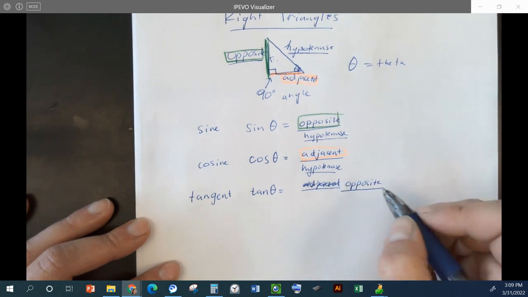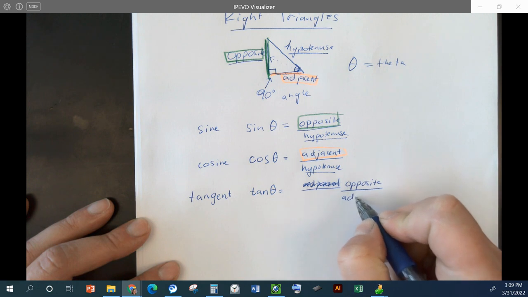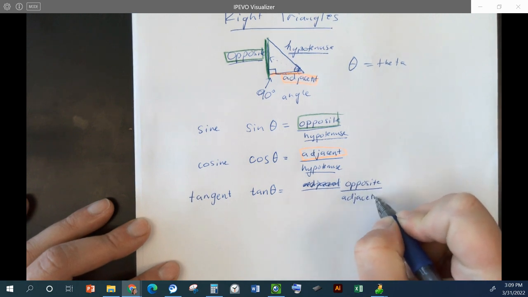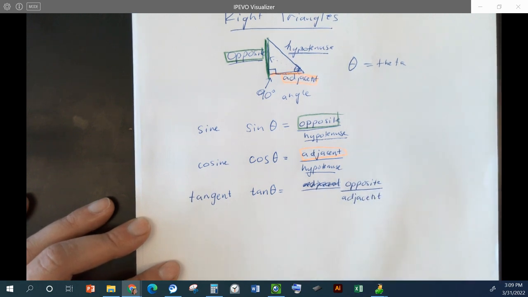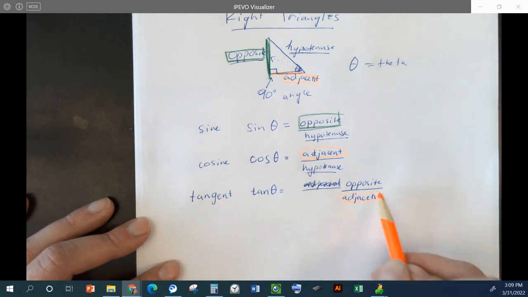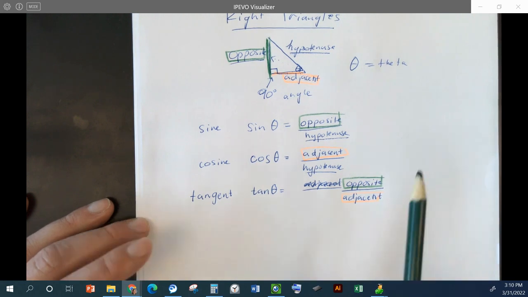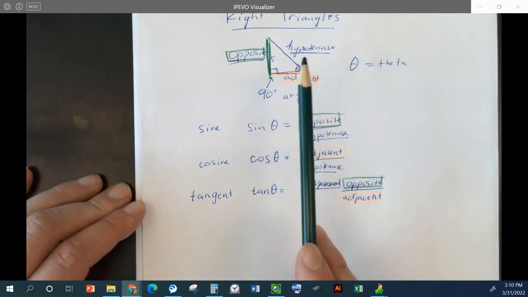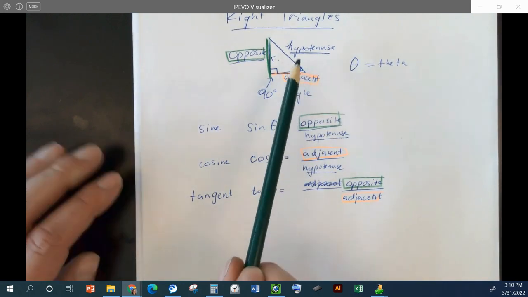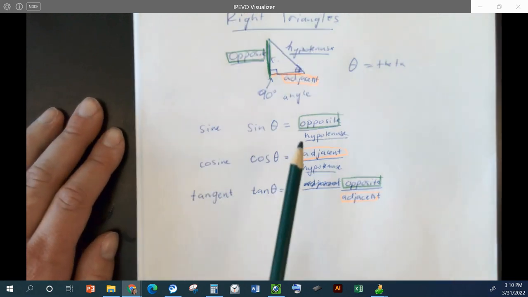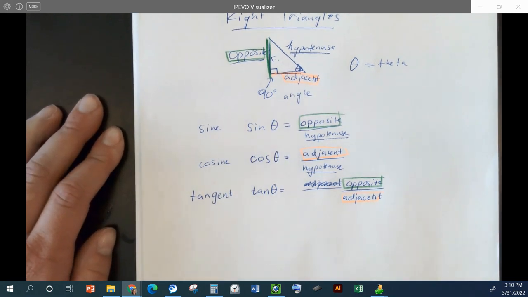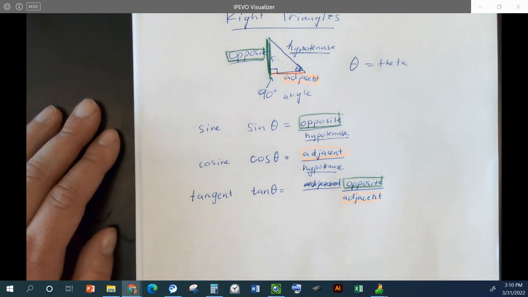Opposite over adjacent, not our adjacent side over the opposite side. So we just have to figure out what angle are we talking about, and for that angle, which side is opposite, which side is adjacent, which side is the hypotenuse.